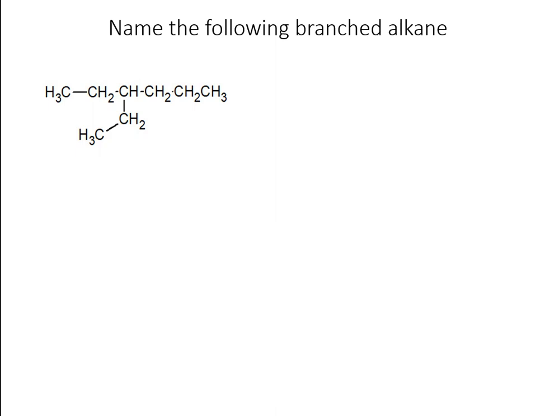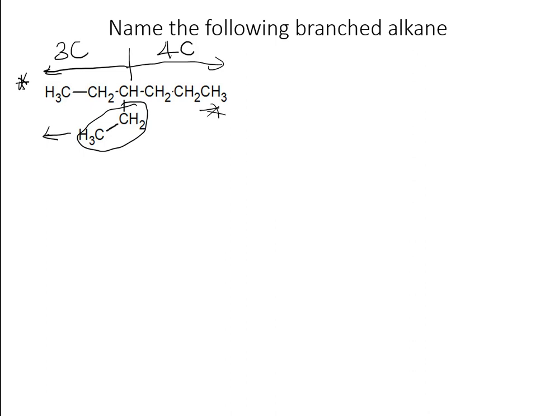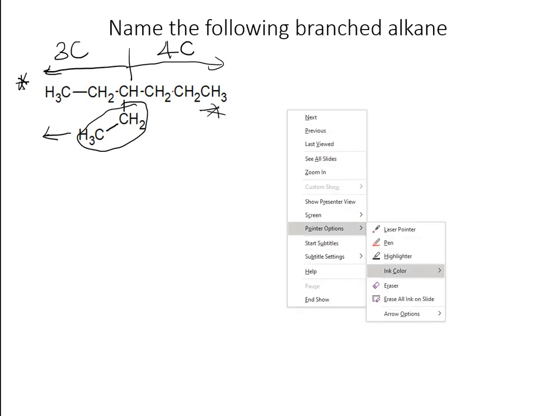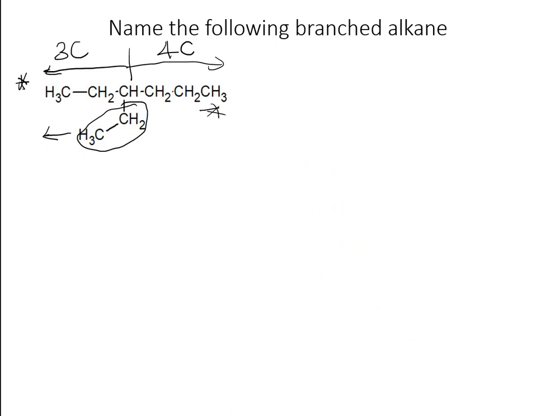From the junction, this side, we have 4 carbons. From the junction going this side, we have 3 carbons. So we have to start from this end, because this branch is closer to this end: we have 3 carbons including the junction, while this side we have 4 carbons including the junction. So the first thing is to determine which end we are starting counting from.